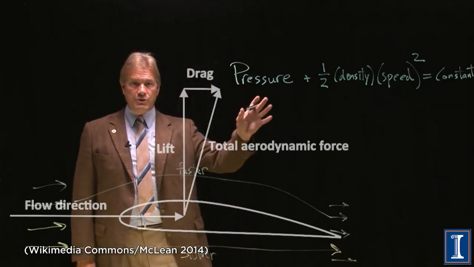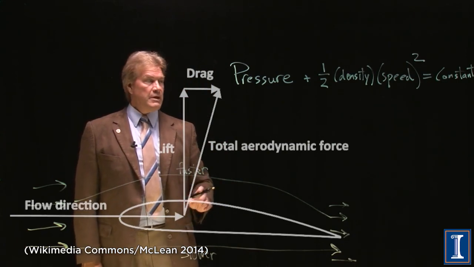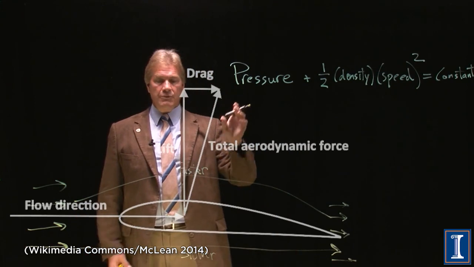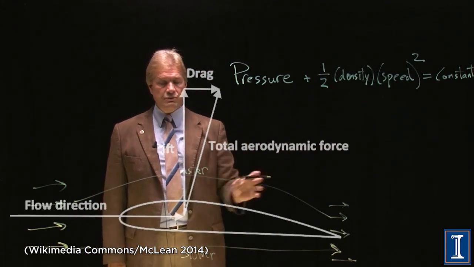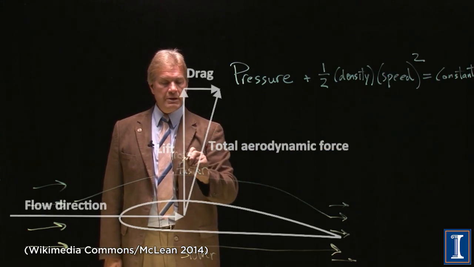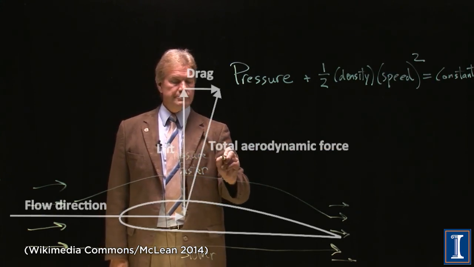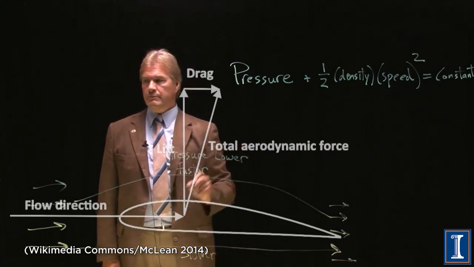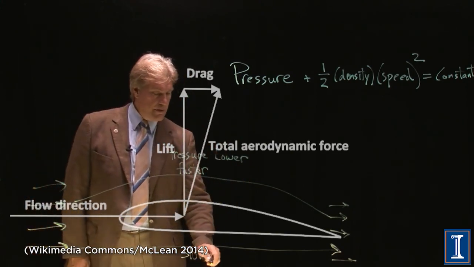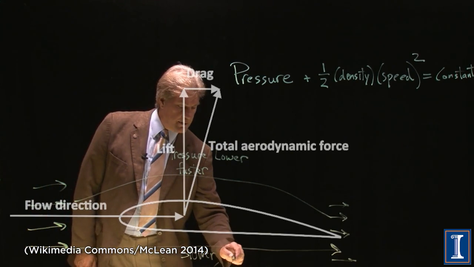So think about Bernoulli's principle. If the speed of this air is faster here, for this principle to be true, this means the pressure has to be lower. Down here, where the air is moving slower, the pressure has to be higher.